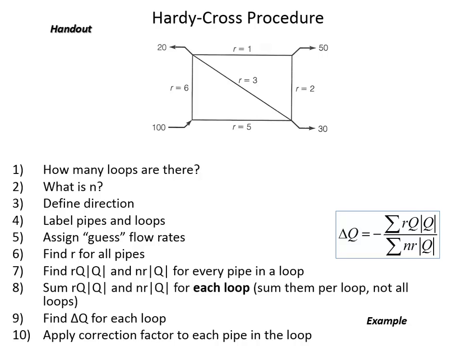What flow rate should we say for pipe 1, 3? Pipe 1, 4. I need to use the most recent version of that flow. And so I'll use 47.332. That's the most recent guess for that pipe.